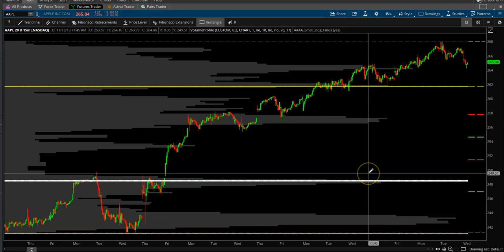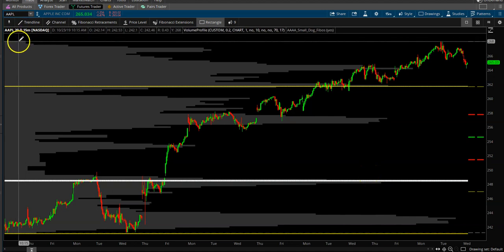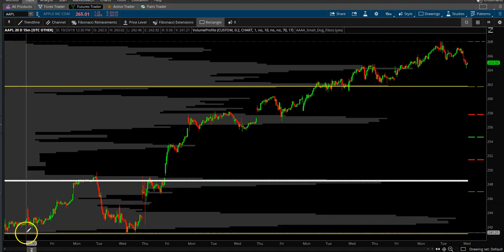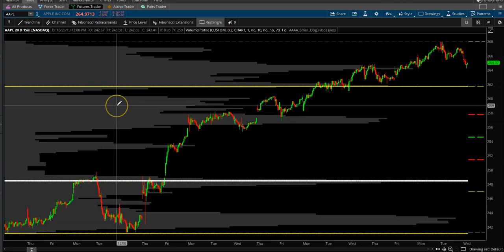If you know market profile, you know we have a poor high and also a poor low, meaning there's no excess above or below.